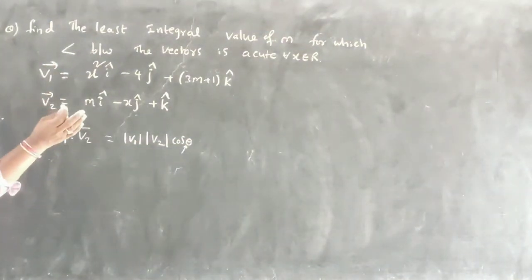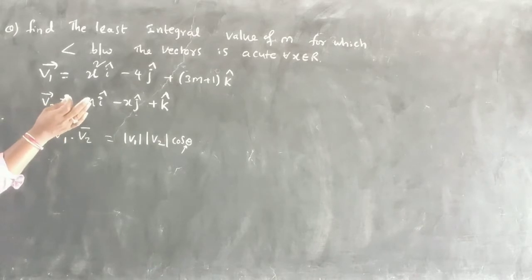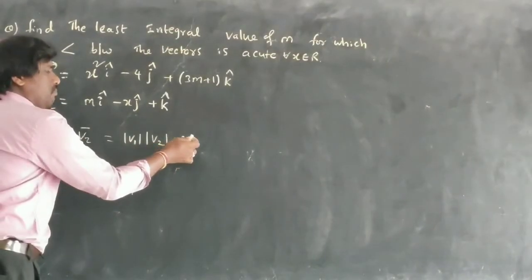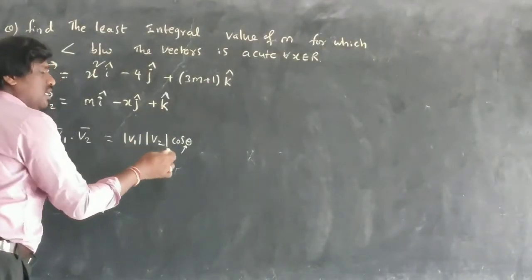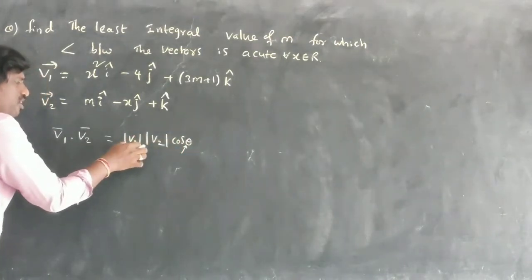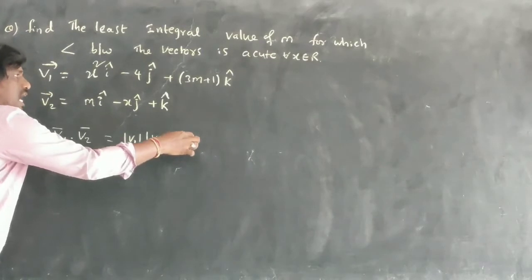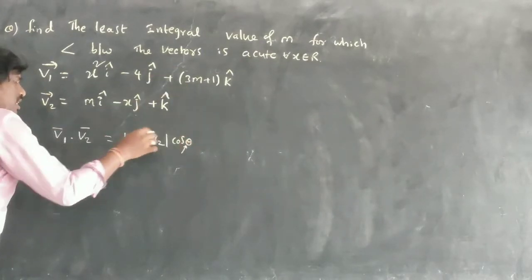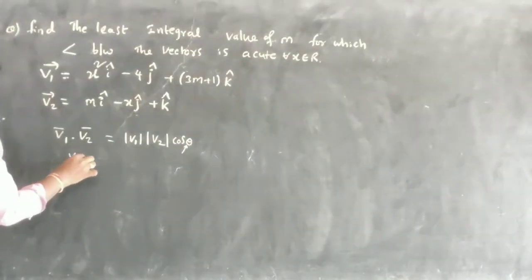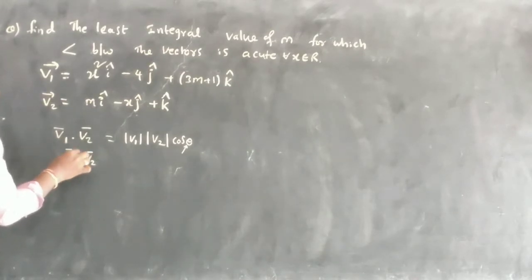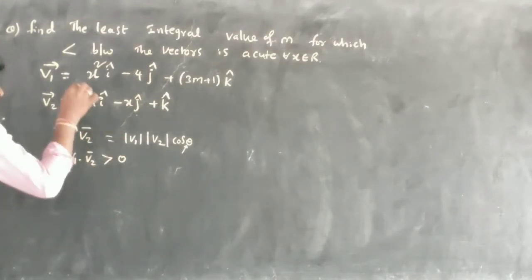Acute means in the first quadrant, 0 to 90 degrees. Cos theta between 0 and 90 degrees is positive. Mod V1 is positive, mod V2 is positive, and cos theta is positive because theta is acute. It means we come to the conclusion that V1 vector dot V2 is greater than 0.